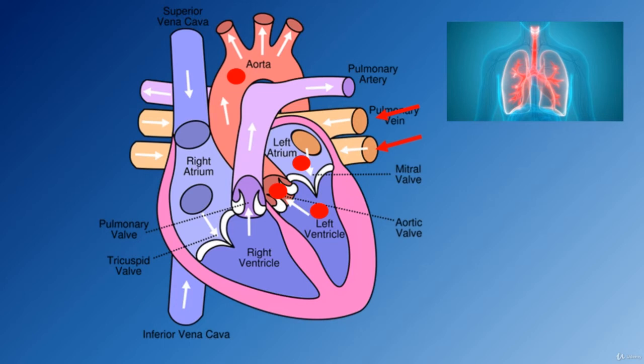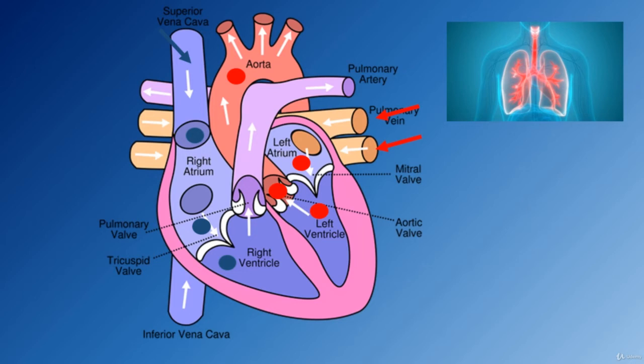Now, let's go to the right side. The blood rich in carbon dioxide coming from the various organs reaches the right atrium through the superior vena cava, which is the right door. Then, as we've seen for the left side, once the window or the right valve called the tricuspid valve opens, the blood comes into the right ventricle.